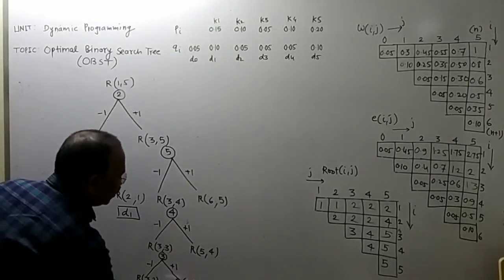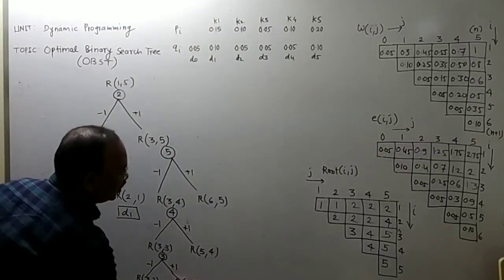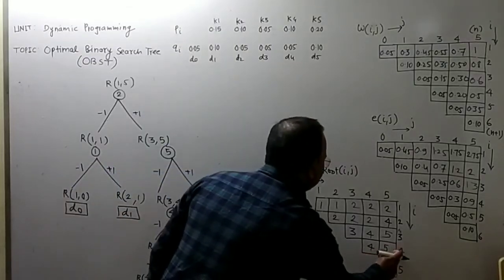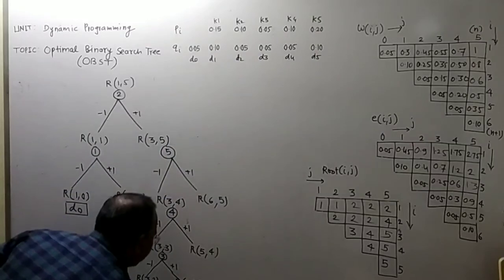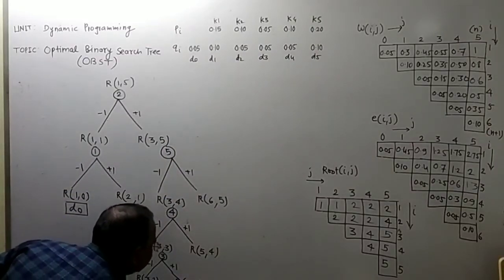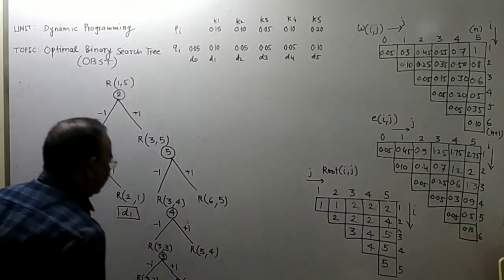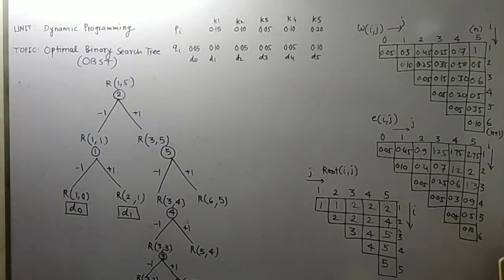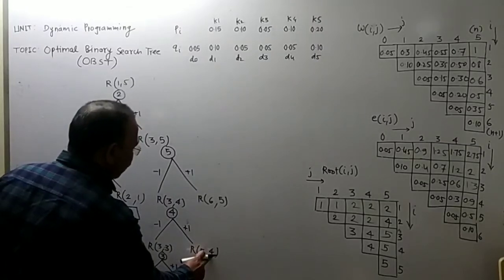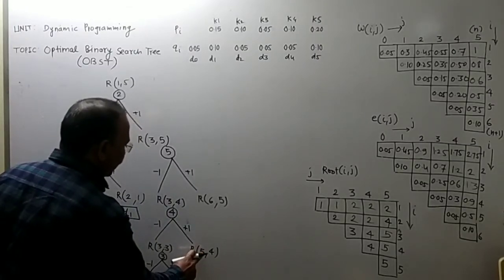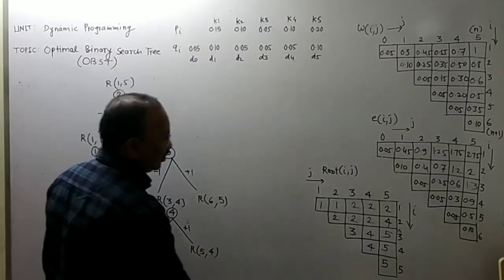Then r43, find the value at 4, 3. The 4, 3 cell is not there in the root table, so stop here with dj, j is 3. Now let us extend 5, 4. Find the value at the 5, 4 cell.